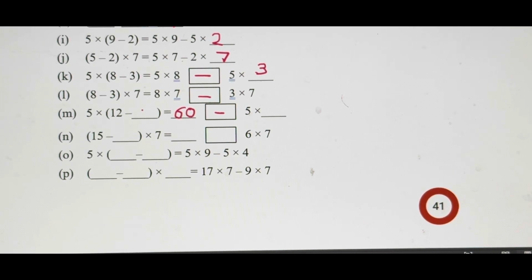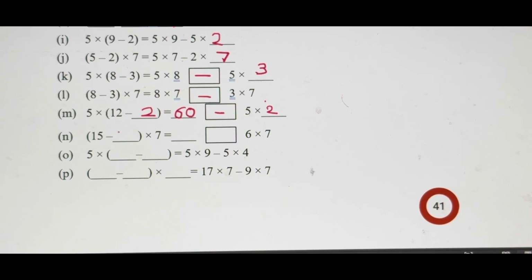So suppose we take 2, right? So 5 into 12 is 60. 5 into 2 will be 10, right? So whatever number you choose over here, same number you have to write in the other blank. Right? So if I choose 3, then you can write 3. If you choose 4, you can write 4 in both the dashes.